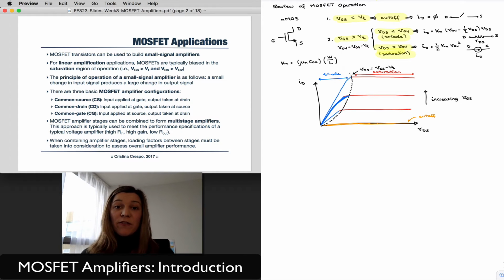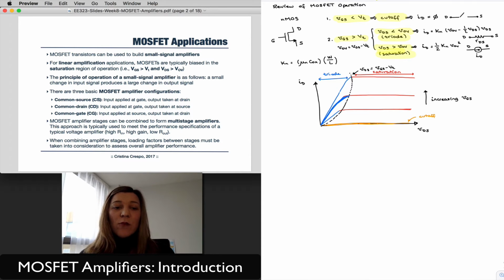And so if it is larger, we have achieved some gain. And so in this case, a small change in VGS voltage, we will see produces a large change in ID current or drain current. Now, since the transistor is a three-terminal device, there are three possible configurations that we can have for our amplifiers based on where we apply our common signal, our ground signal.